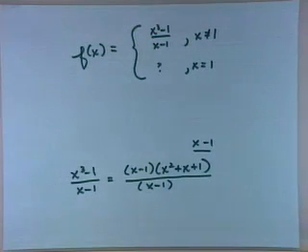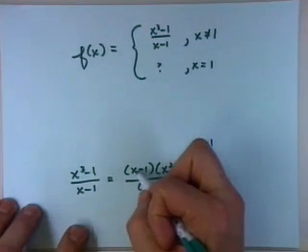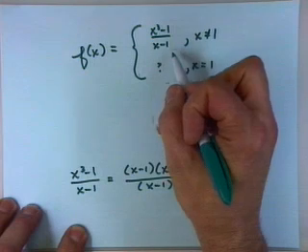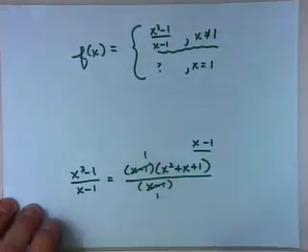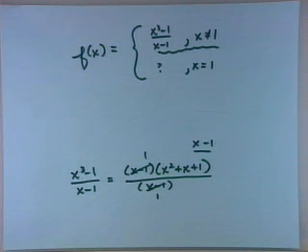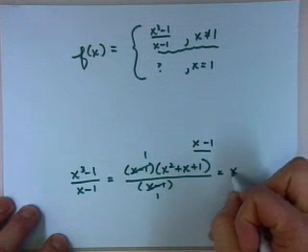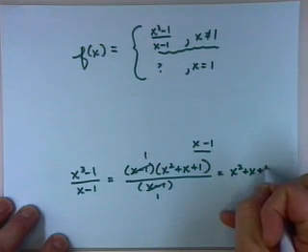So we're trying to deal with this hole in the graph and then remove the hole in the graph by assigning y to be something when x is 1. So as long as x is not 1 in this first line, this over this reduces. That's some number over itself. It's not 0 over 0. And we're left with x squared plus x plus 1.